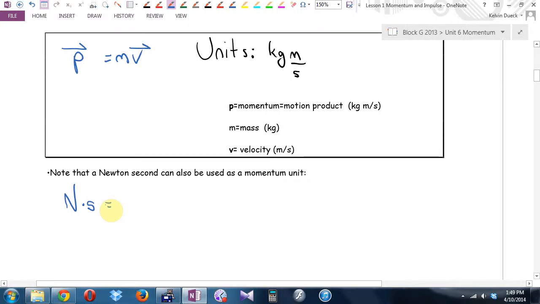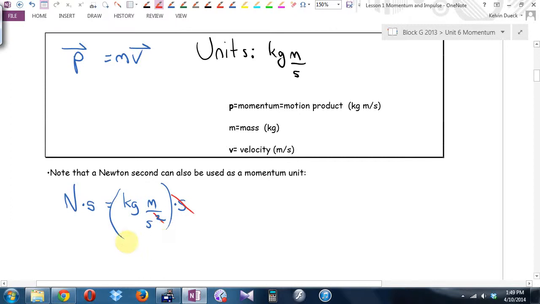MA. Newton is really kilogram meters per second squared. Can you see the MA? So a Newton second would be that times 1 second. How many S's are there on top? 1. How many S's in the bottom of the fraction? 2. One of the S's is going to cancel, and lo and behold, what's left behind? Kilogram meter per second.